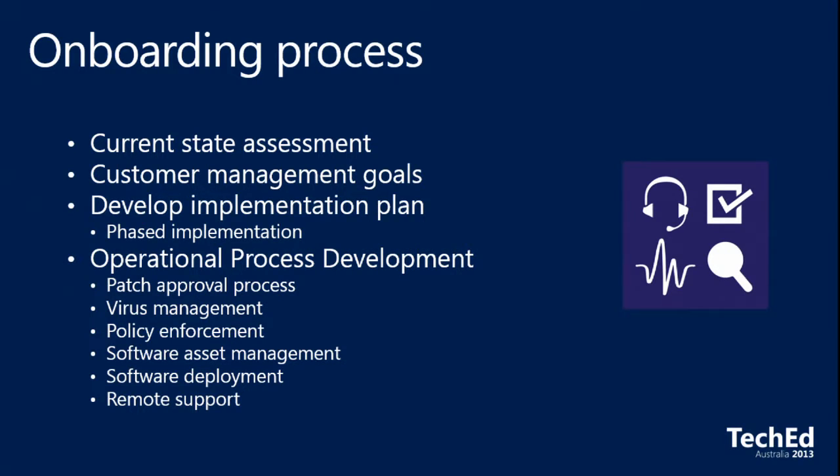And then based on that, we build an implementation plan that takes a set of phases that we define for that customer. Phases to get them migrated into the cloud if they haven't done that already, or into a hybrid environment. And then also a phased implementation whereby we start to take over the management of that environment step by step and get integrated with the way that they do work.